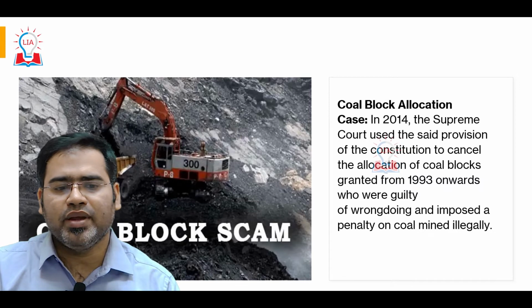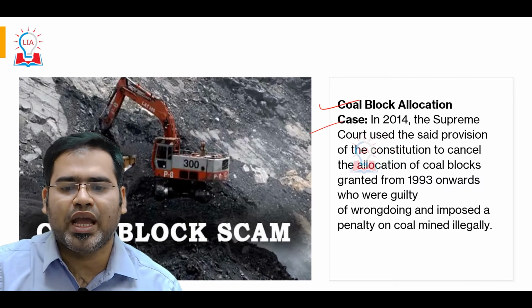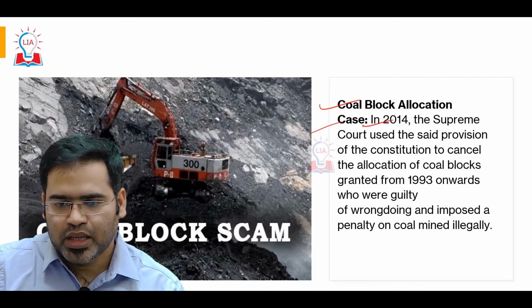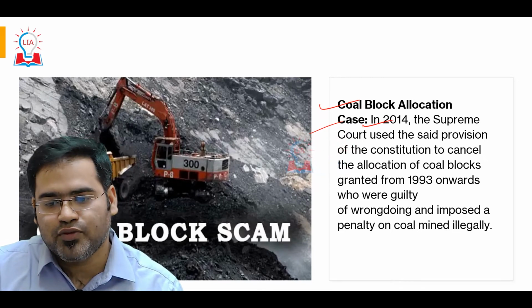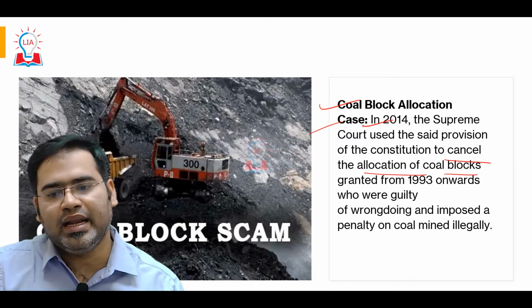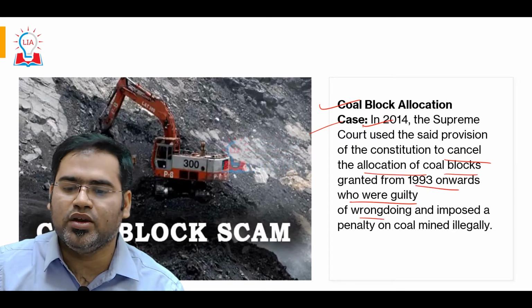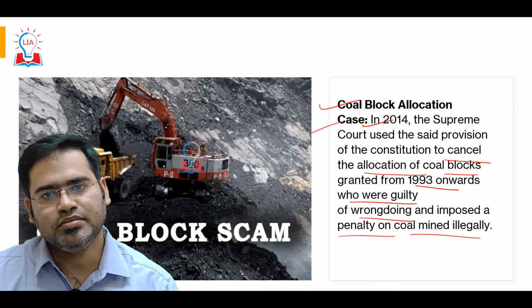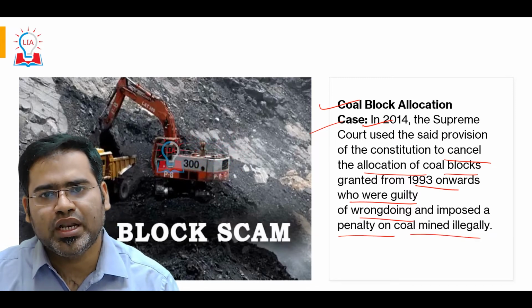Another example we can quote is the coal block allocation case. Here in 2014, the Supreme Court used this provision of Article 142 and cancelled the allocation of coal blocks granted from 1993 onwards to those guilty of wrongdoings, and imposed a penalty on coal mined illegally. Here the Supreme Court put a blanket ban.